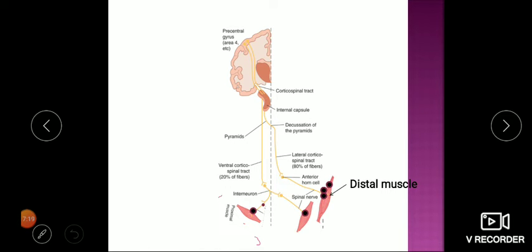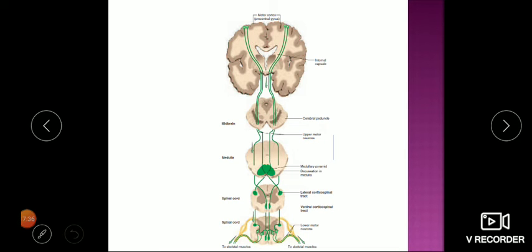And these are supplying the distal muscles. So the lateral corticospinal tract, which is 80%, is supplying the distal muscles, mainly fingers and hands. And these are supplying the proximal muscles, that is, the muscles which control body posture. So here from your textbook the diagram is given. As it is complicated, I have tried to simplify it in the initial diagrams.